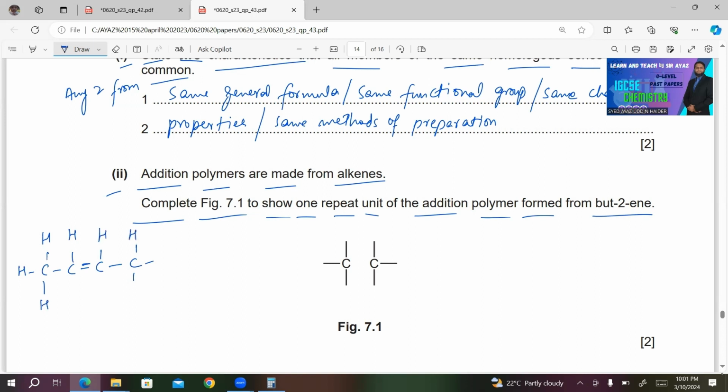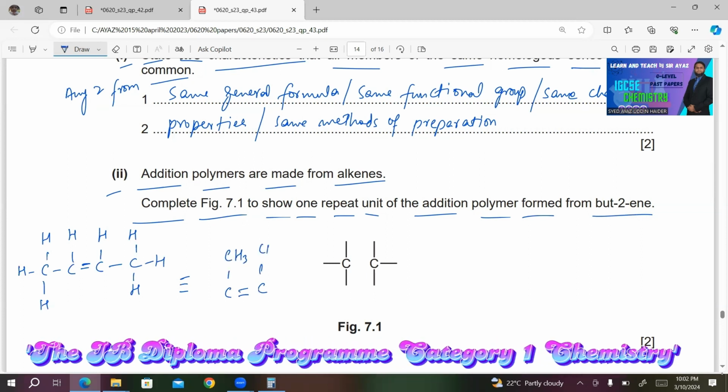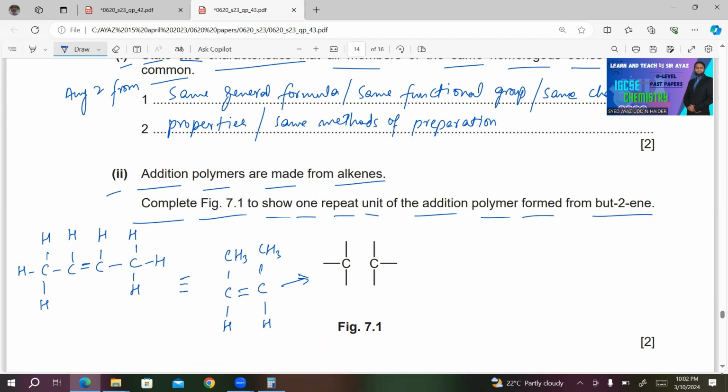Now, in order to make the polymers, I can draw this butene in this way. It's better if you draw it this way, then drawing the monomer produced during the polymerization will be easier for you.